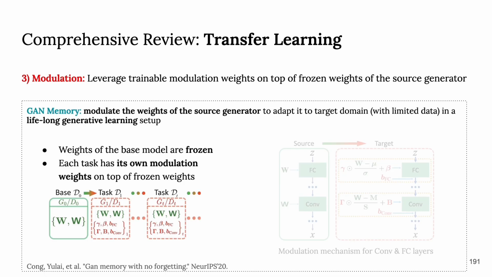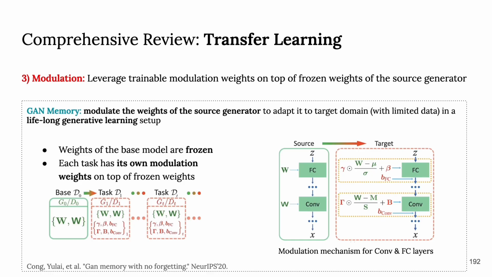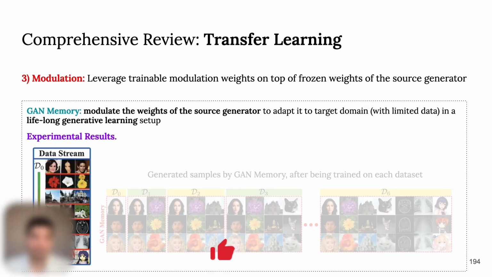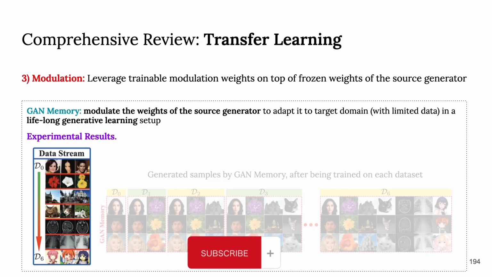The parameters of the source generator are still frozen, and we learn separate modulation weights for this domain. It is separate from the modulation weights learned for task 1. And then for other upcoming tasks, we do the same thing. This is the modulation they use. They have a slightly different version of it for fully connected layers and convolutional layers. The weights are first normalized, and then we have a scale and shift transformation as modulation. And this is the experimental setup for GAN Memory.